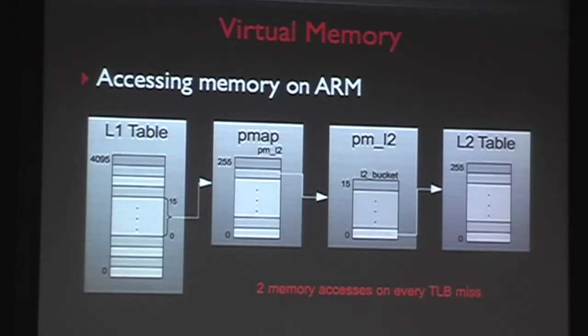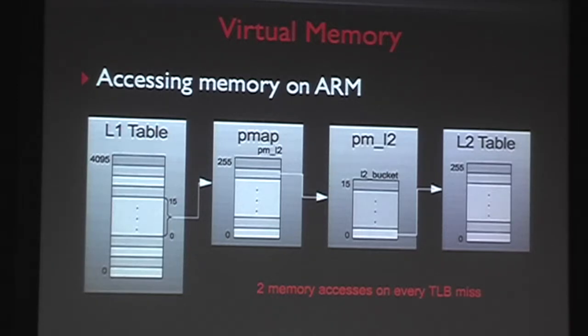In addition, on ARM, every TLB miss involves 2 accesses to the main memory. The first access is done to the L1 table that you can see on the left side, and the second access is done to the L2 table on the right side. The L1 table serves as a page directory in that case, and each entry in the L1 table points to an L2 table.